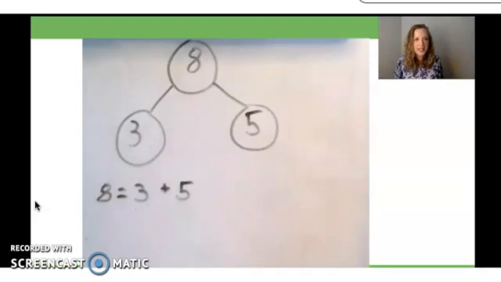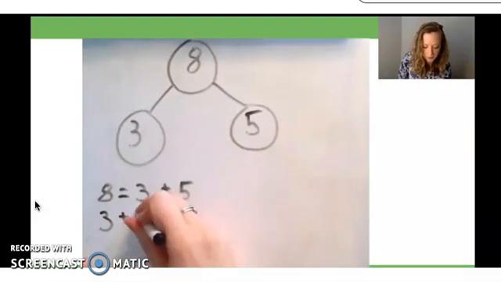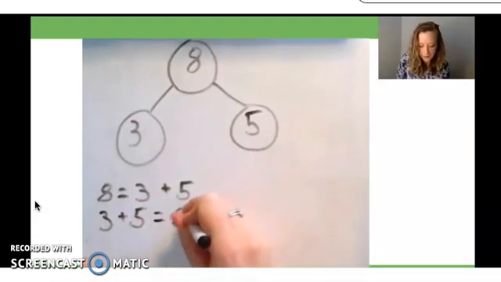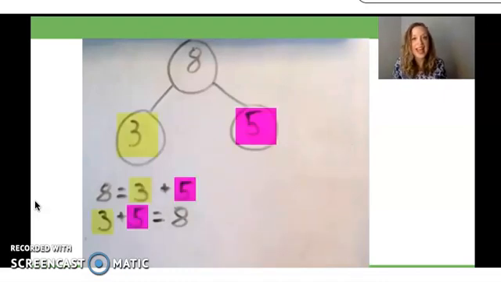I heard some of you say that you wrote 3 and 5 is 8. That would look like this. That's right too. We have the same parts of 3 and 5 and 8 as the whole. Great job, friends.